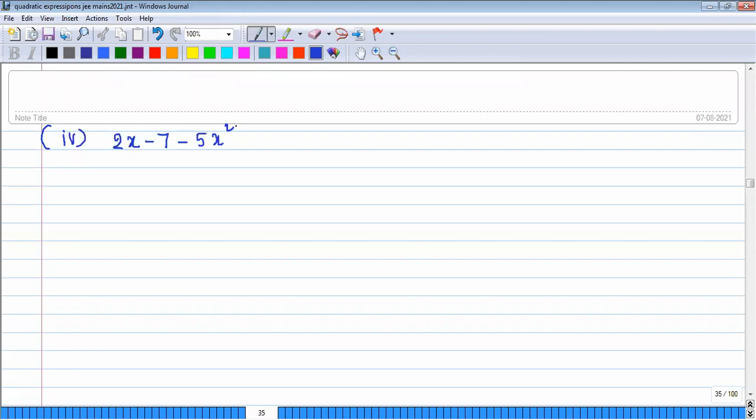It is maximum values. What is the maximum value? The coefficient of x square is less than 0, sir, and we need to apply f max.